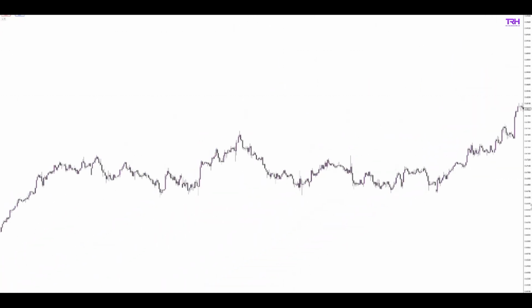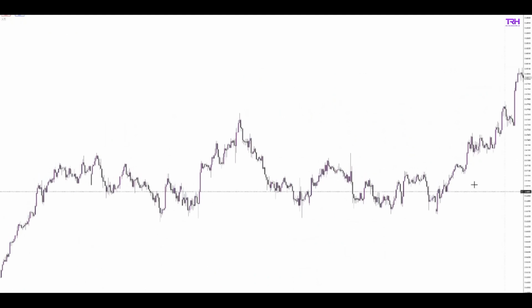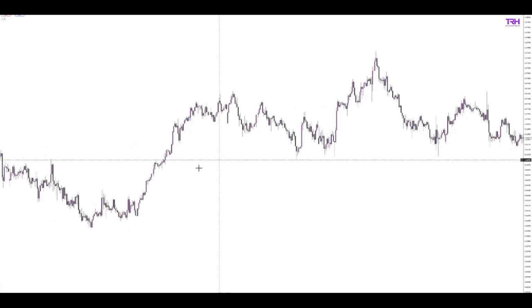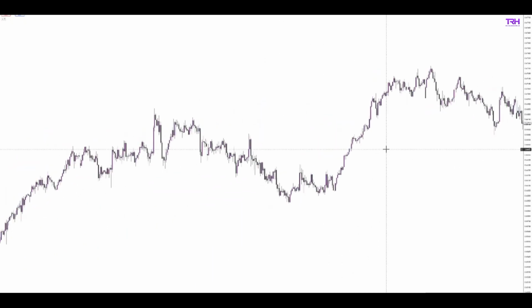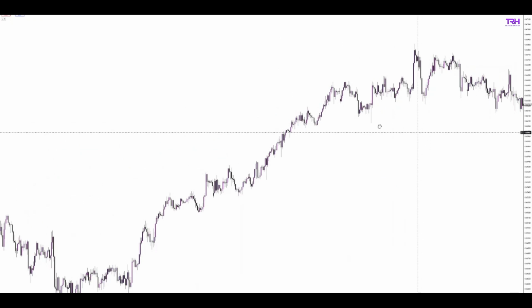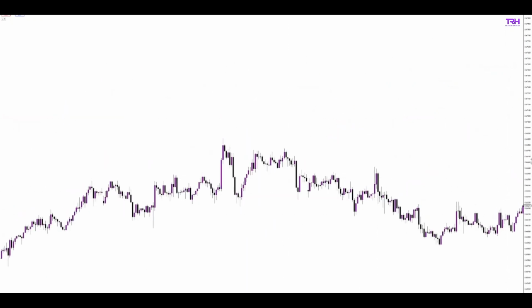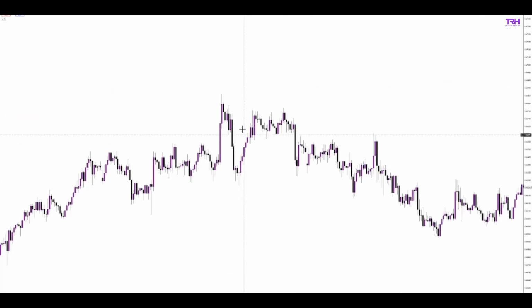Now let's look for a bearish order block, which is the last candle before the big downward move. Look, this is the last candle here. Very clear. We have a nice strong downward move, and this is the last bullish candle before the downward move, which makes it an order block.